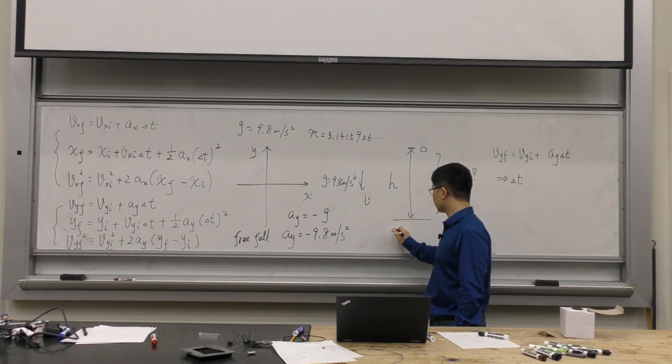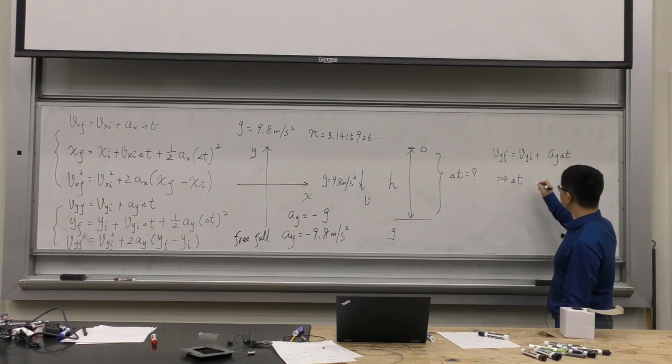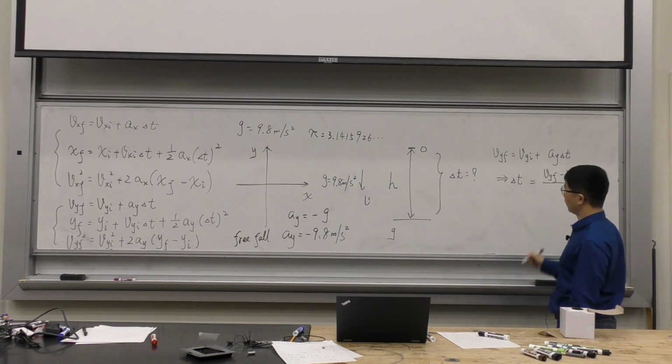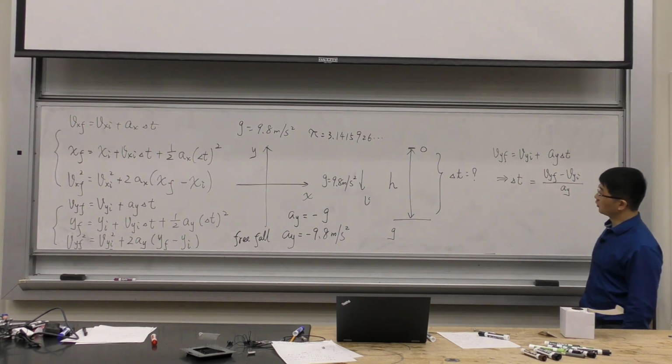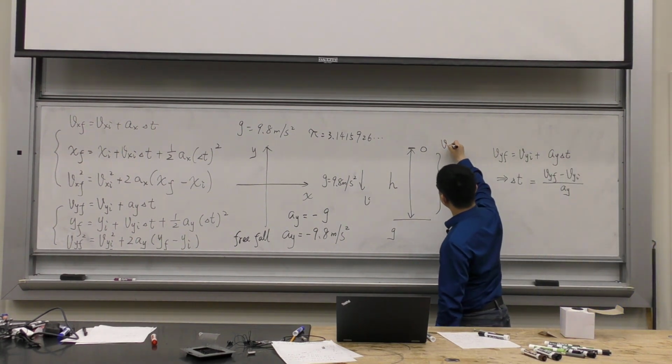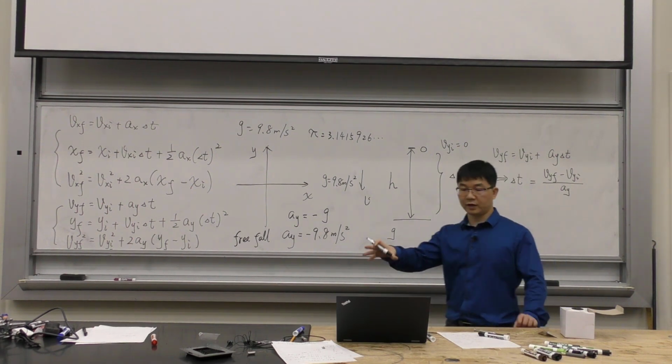The free fall acceleration is little g. Then you see that if I rearrange this equation, I would get vyf minus vyi divided by ay. Okay, if I use the symbols, vyi is 0, okay, so that's easy. That's a 0.